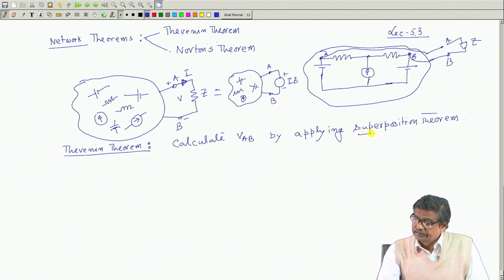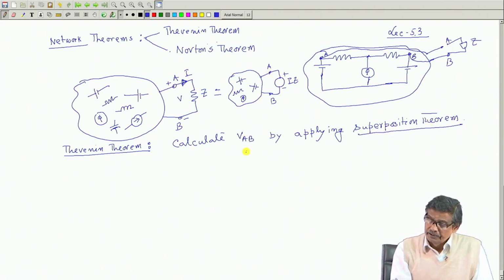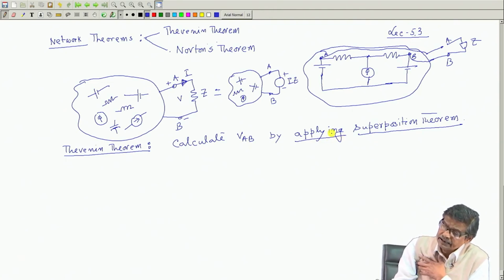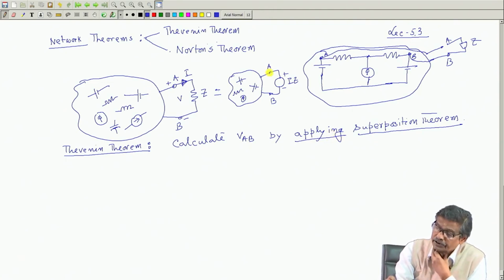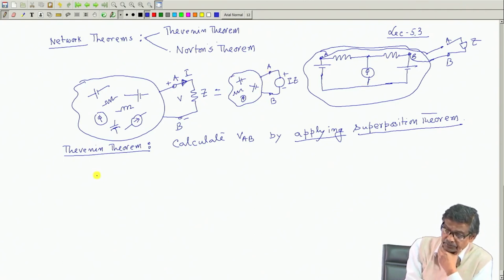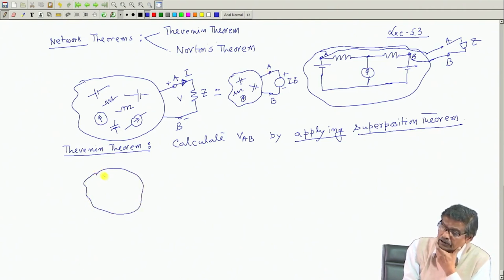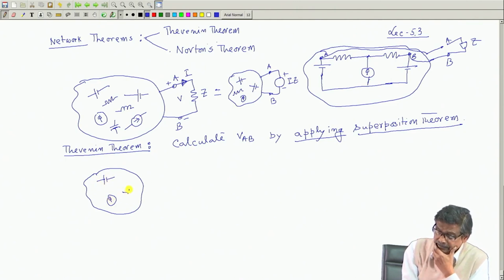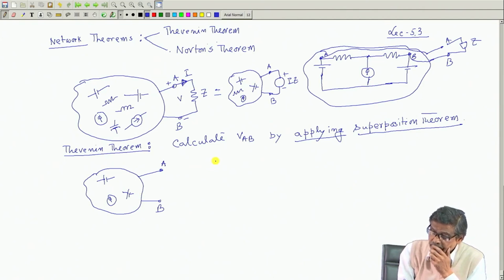So I will calculate VAB by applying the superposition theorem. To apply it, I will calculate in this way. I will consider all the sources present inside the network, and calculate VAB when all internal sources are present.